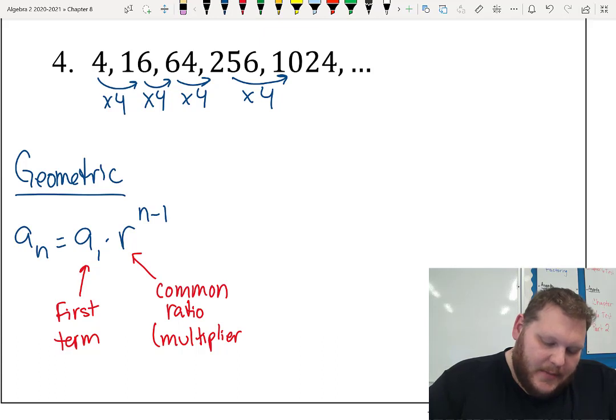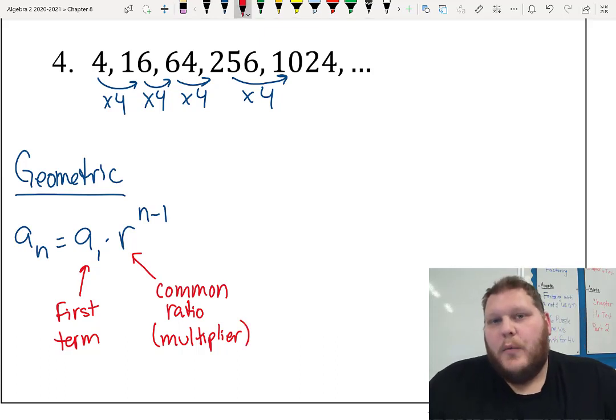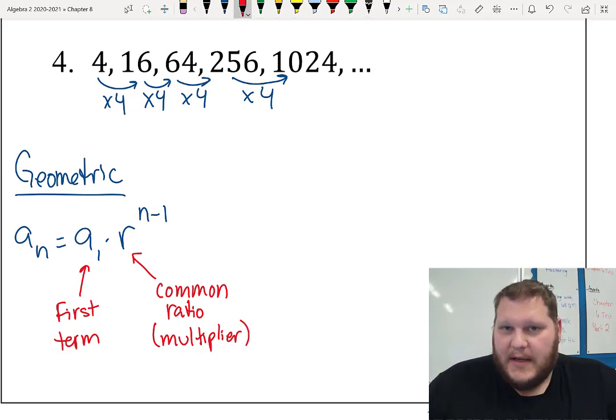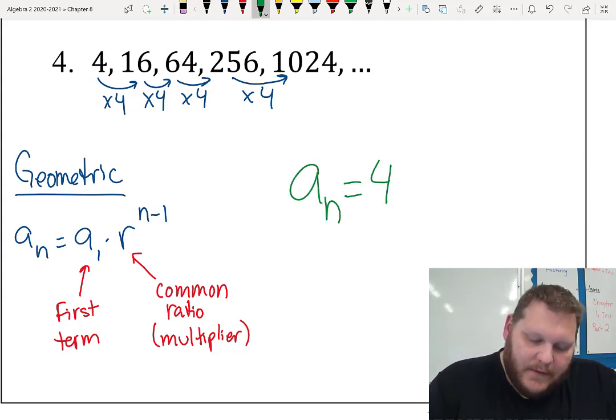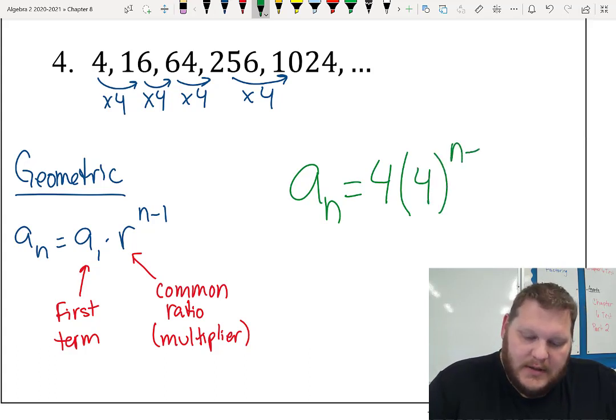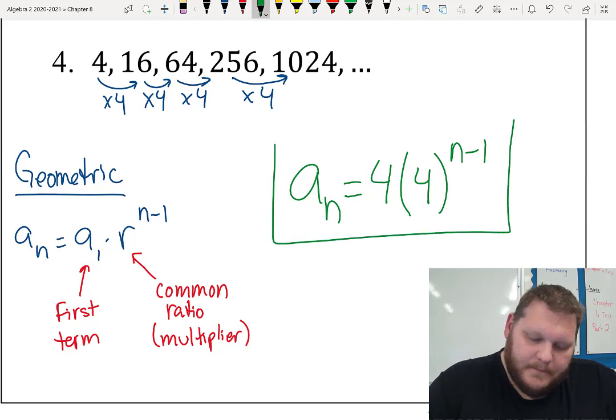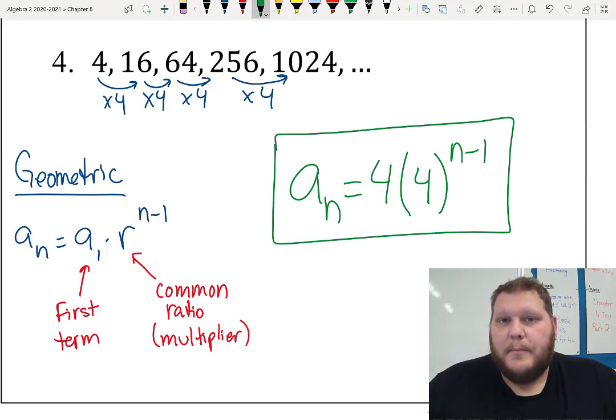So whatever I had to multiply by to get from one to the next, that's my r. Whatever that first term of the sequence was, that's my a sub 1. Exponentials, these geometric ones, are far easier at your equation because everything comes directly from your sequence. All right, so here we'd have a sub n equals, my first term was 4, my multiplier is 4, to the n minus 1 power. And that's it for number 4.